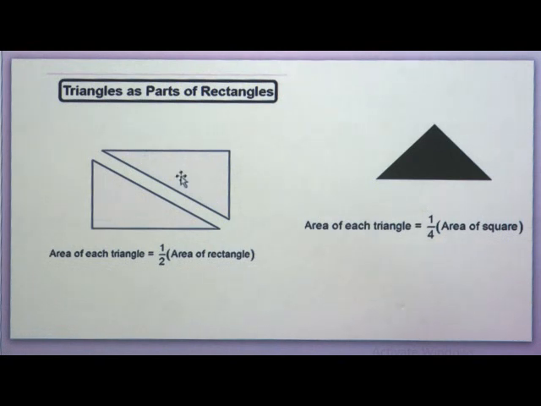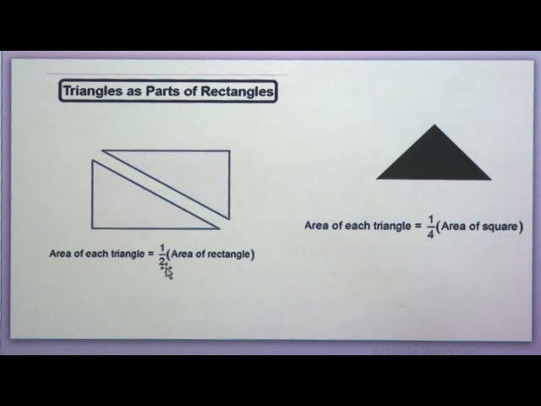We have to find the area of each triangle. If you find the area of this triangle as well as this triangle, they will be the same. If you add them, you get the area of the rectangle. So, the area of each triangle is equal to half the area of the rectangle.